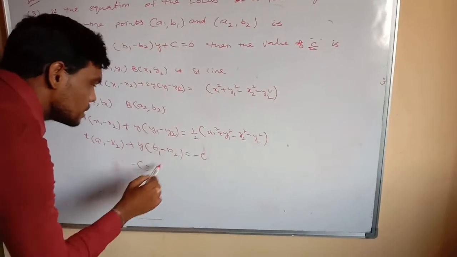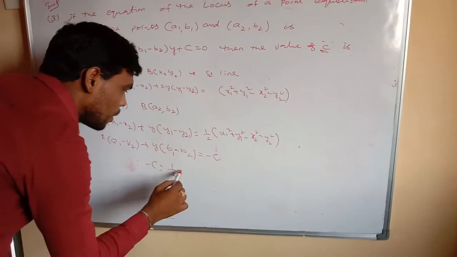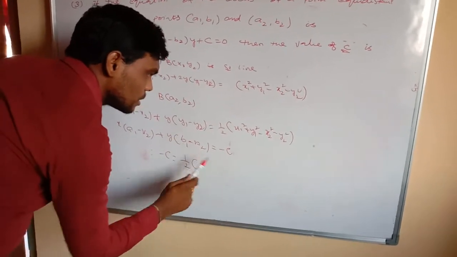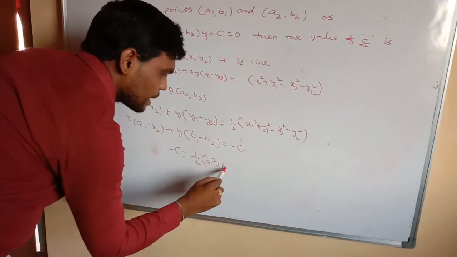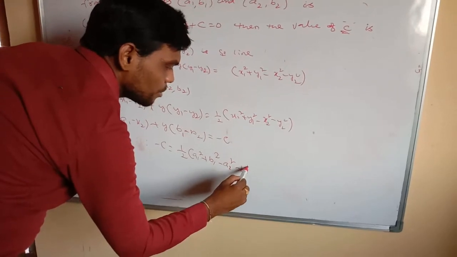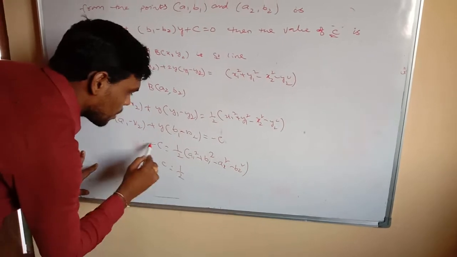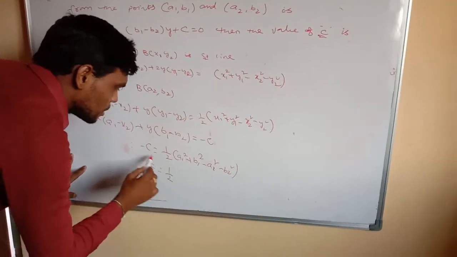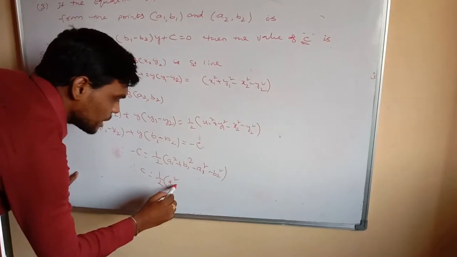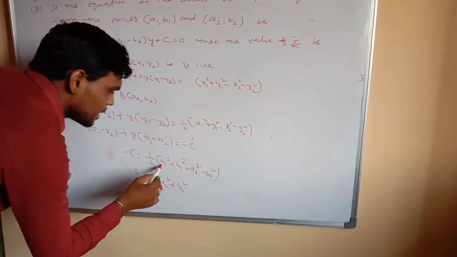Now minus c is equal to half into (a1 square plus b1 square minus a2 square minus b2 square), and so c is equal to half into minus, taking it to the other side, (a2 square plus b2 square minus a1 square minus b1 square), since minus into minus is plus and plus into minus is minus.